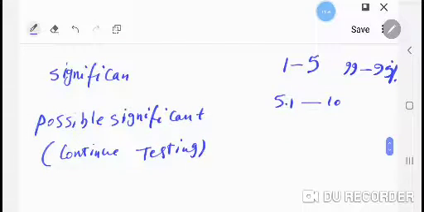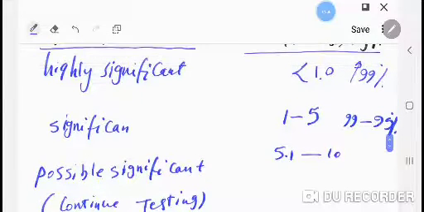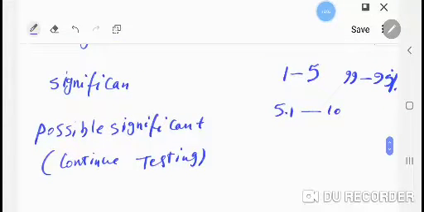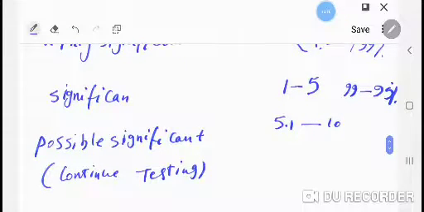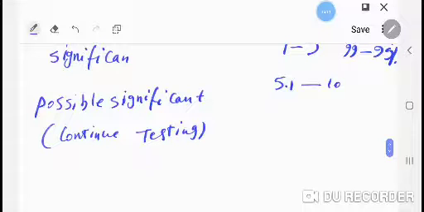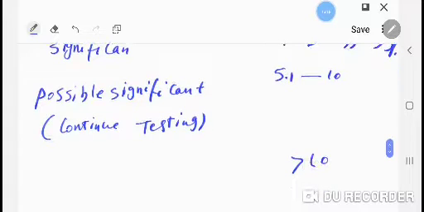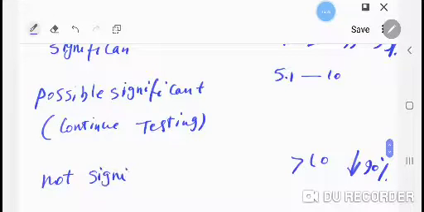If it goes below 5, that is significant, and when the probability is greater than 10%, that is called not significant.